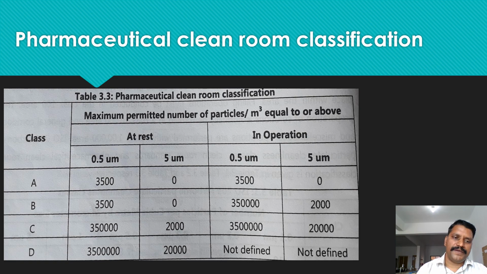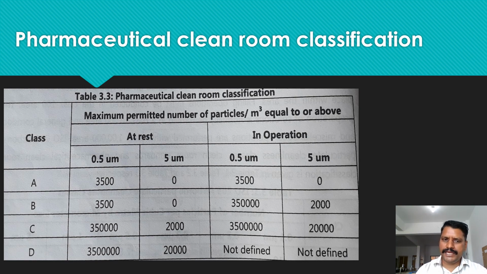Class B the same, 3500. Class C 3.5 lakh with 2000 of 5 micrometer, and class D 35 lakh with 20,000 of 5 micrometer. So these are the maximum permitted numbers of particles at rest of 0.5 micrometer size and 5 micrometer size.